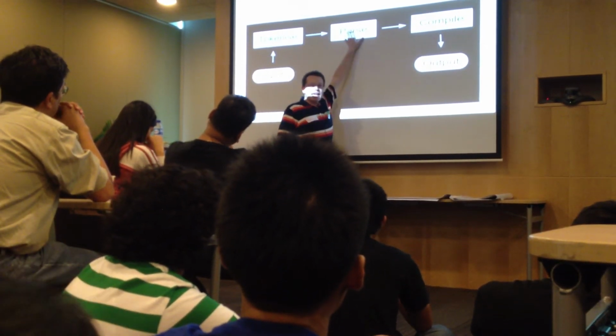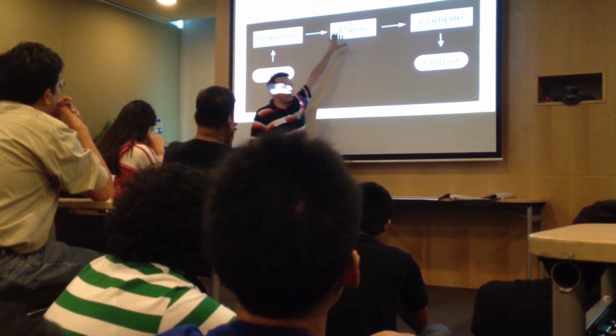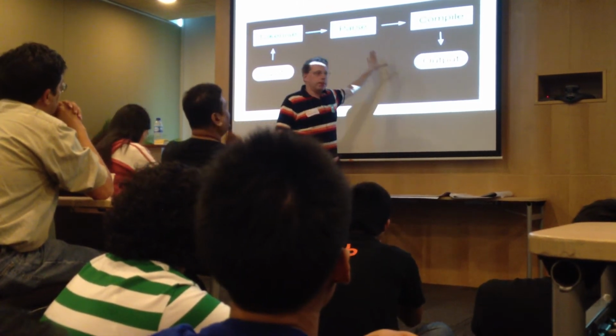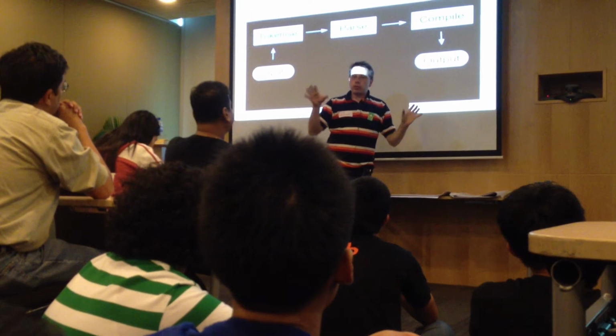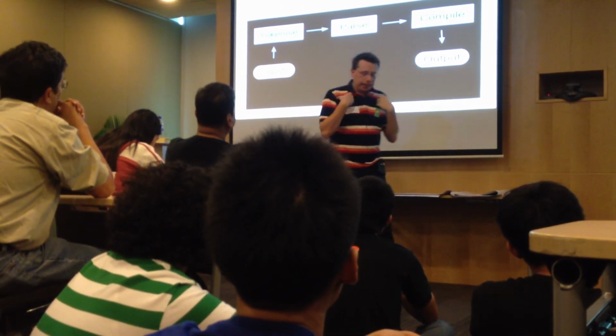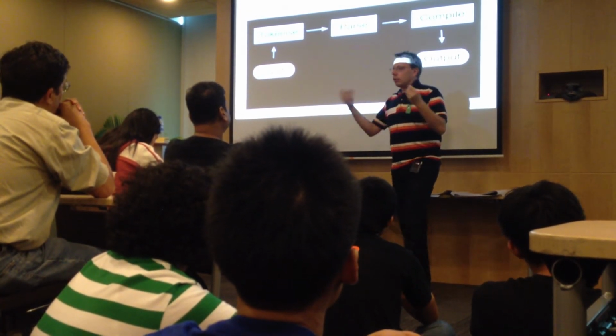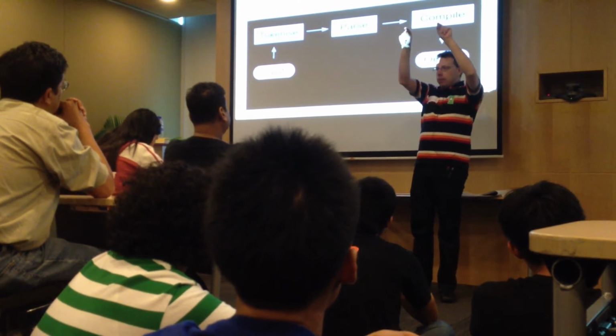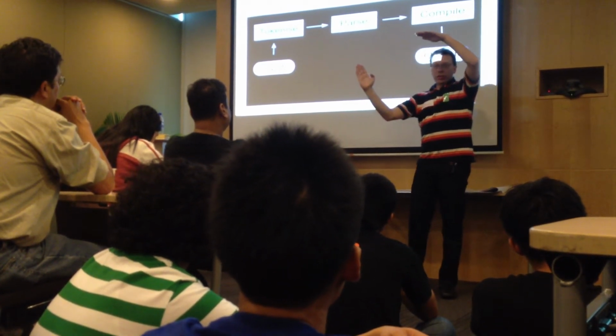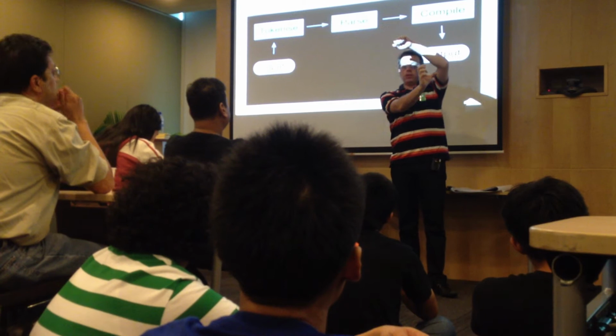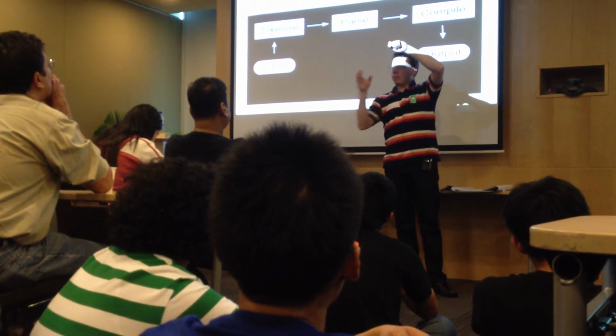Then the parser takes this and generates a tree structure that represents the code. So in JavaScript, for example, the top of the tree could be an if. Right? And then it has three children, which are the expression, the then statement, and the else statement.